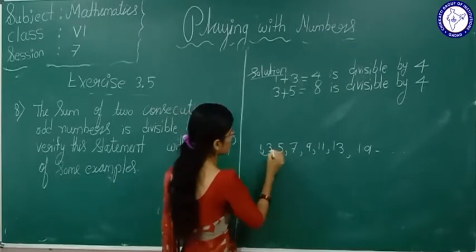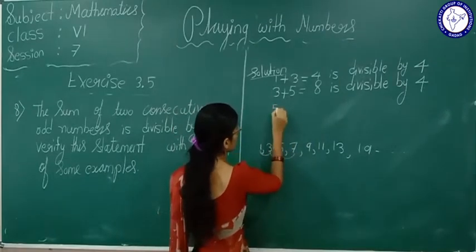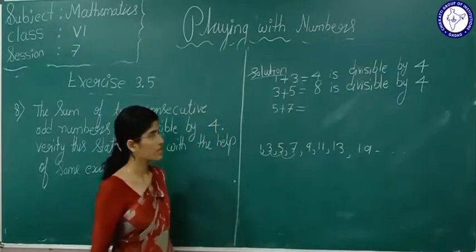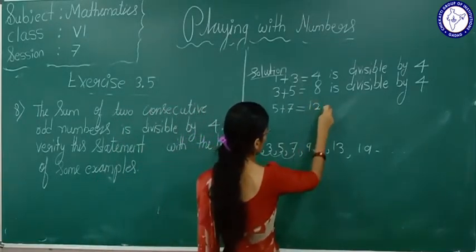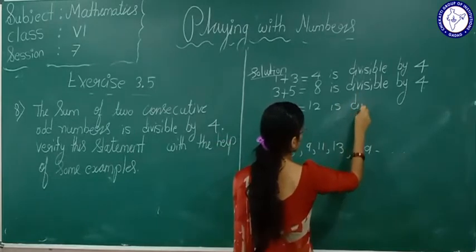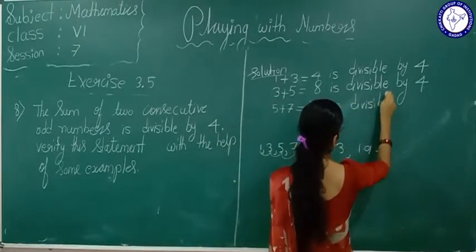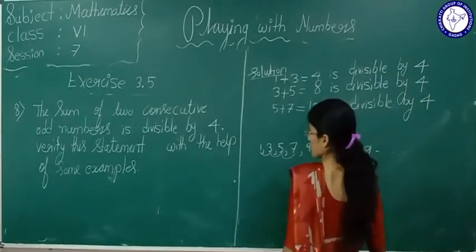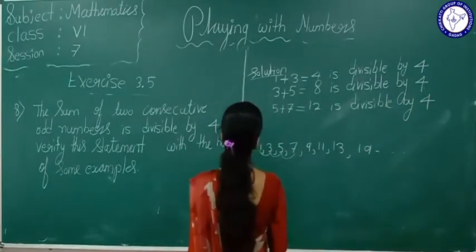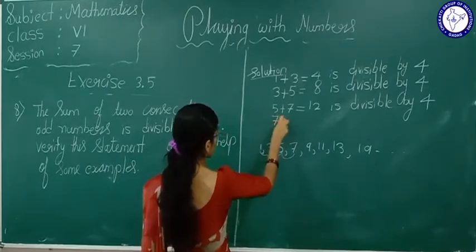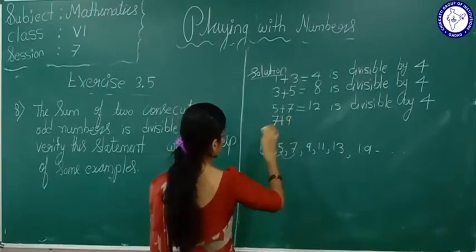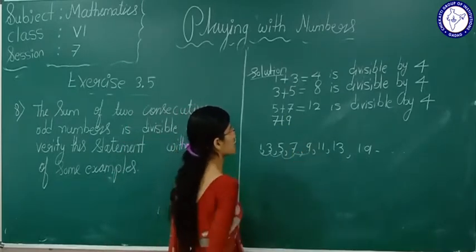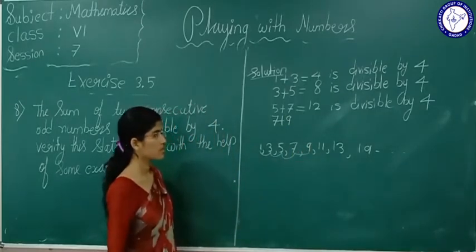Next, 5 plus 7. 5 plus 7 is 12. 12 is divisible by 4. Yes, they told us to verify this with the help of some examples. 7 plus 9. 7 plus 9 is what? 7 plus 9 is 16.